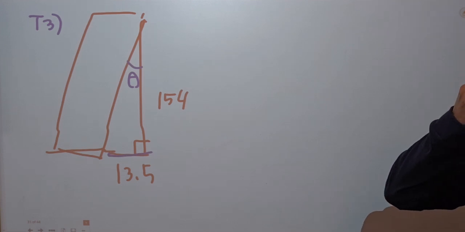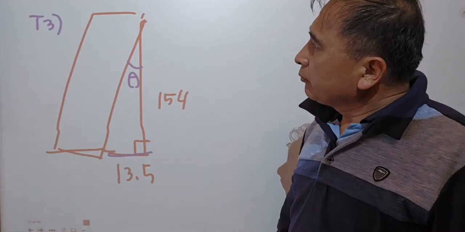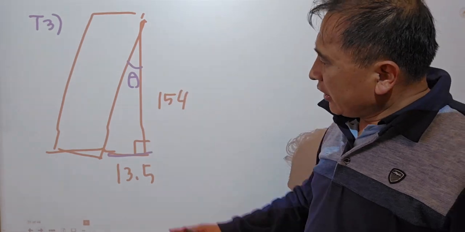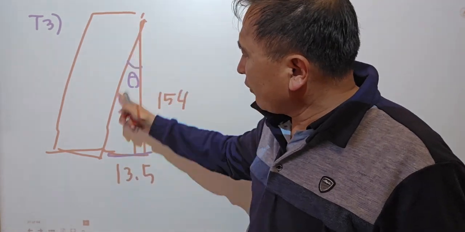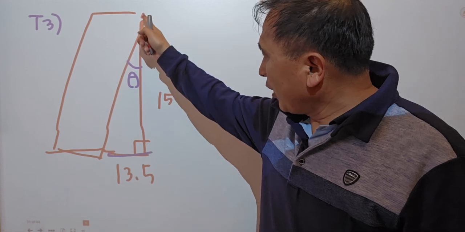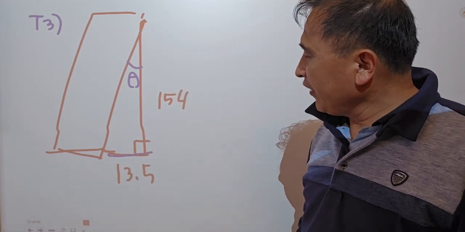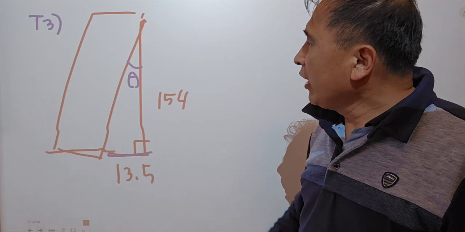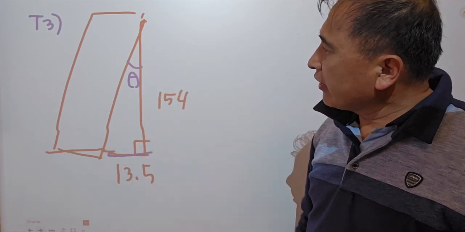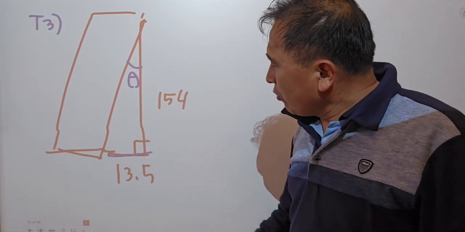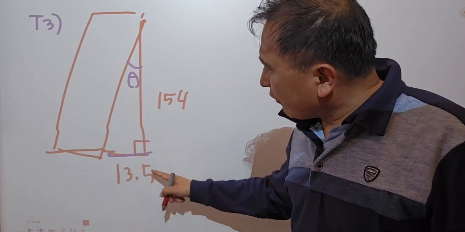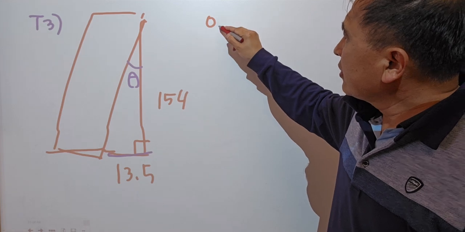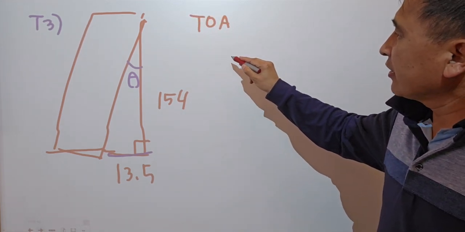So there are several possible problems we can solve. Now let's look at the Tower of Pisa. Let's say this is the Tower of Pisa right there. From this vertical line it leans 13.5 feet, and the vertical height is 154. They're asking for the angle of the tilt. From this angle, this is the opposite side and this is the adjacent side, so that's TOA, tangent.